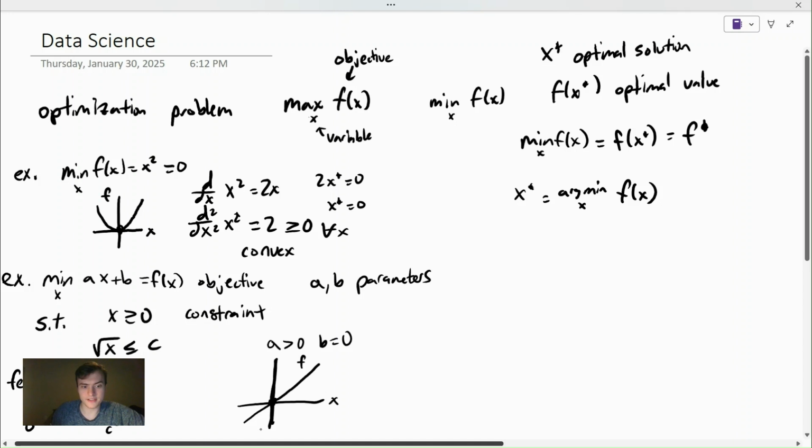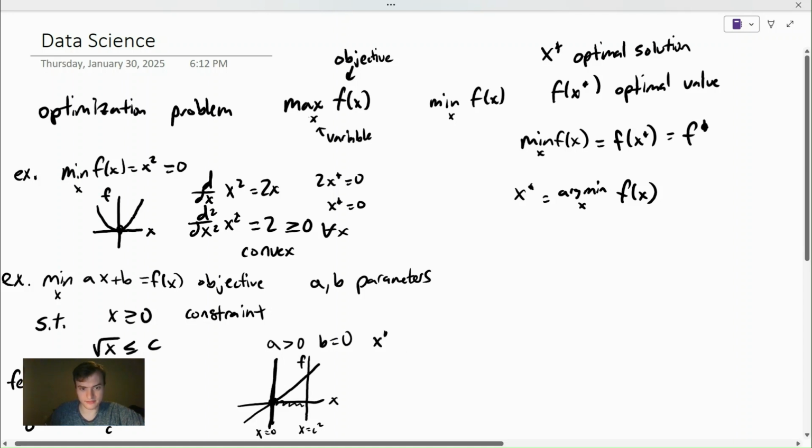So here we have x equals 0, and we're only considering the x on this side, and they also have to be less than x equals c squared. So we're considering these values of x. Which one has the smallest value of f? Well, that's going to be x equals 0. If we had a slope going the other way, a negative slope, then our minimum would be at c squared.